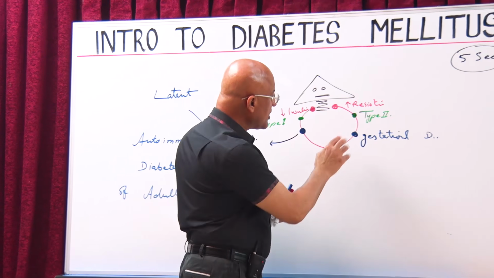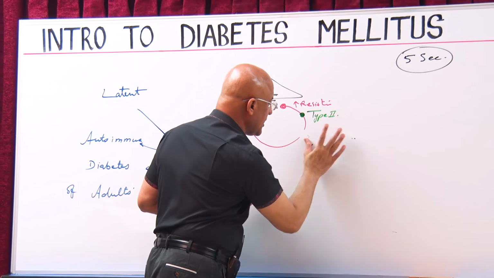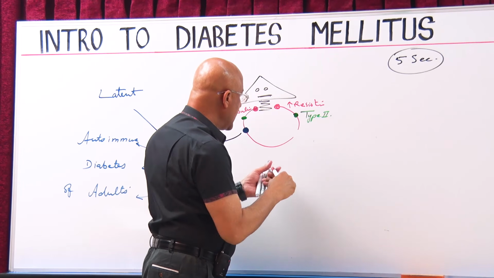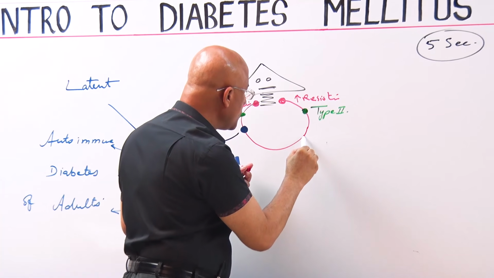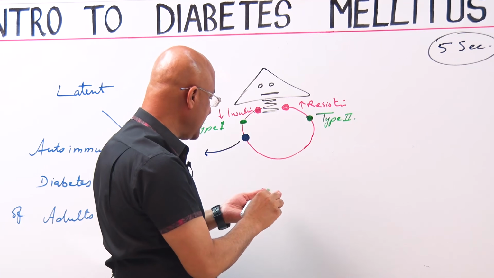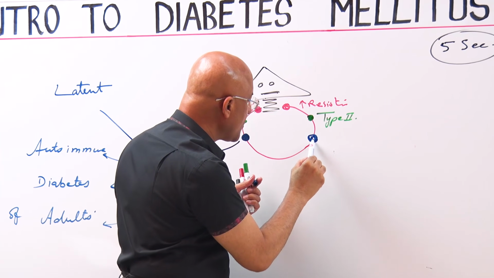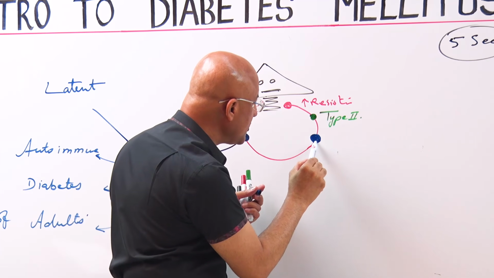Then, rather than putting gestational here, I will put gestational a little down, and again I will put something which is very similar to type 2, but develops at younger age.